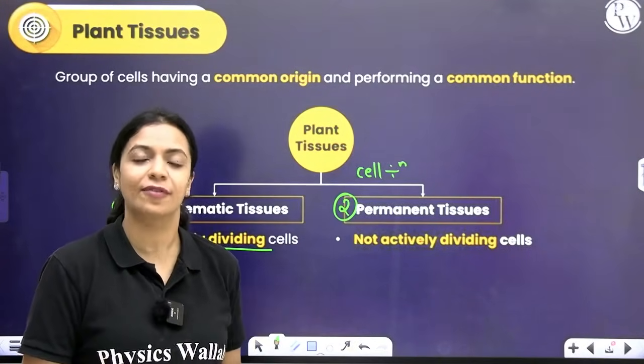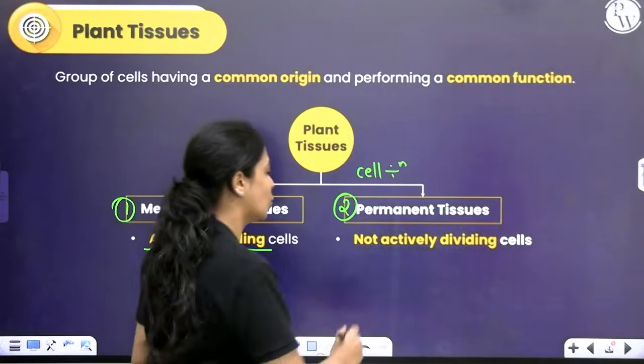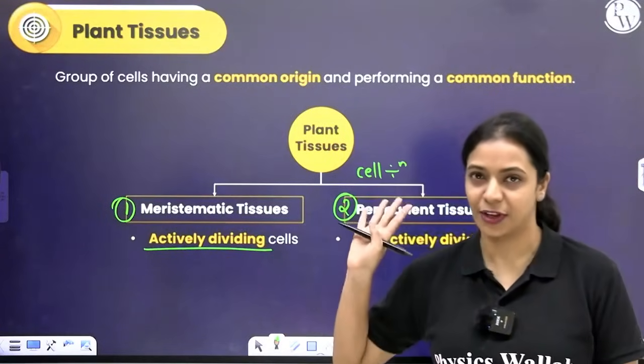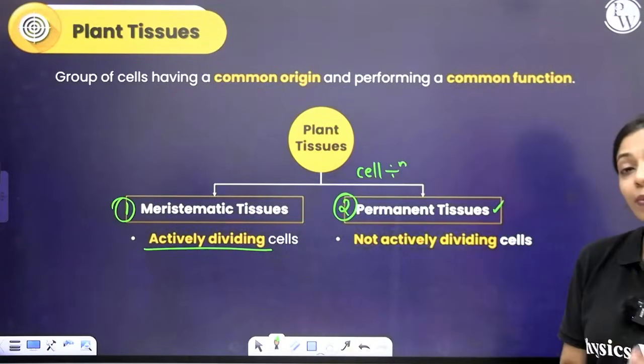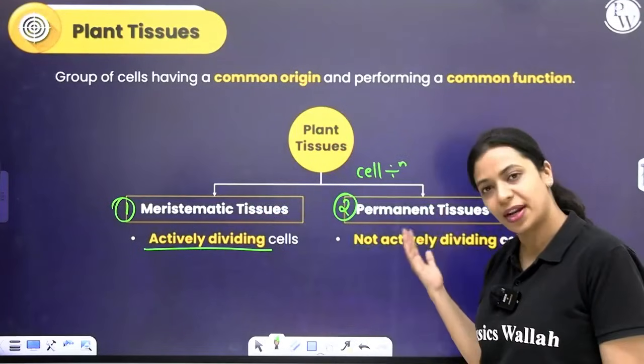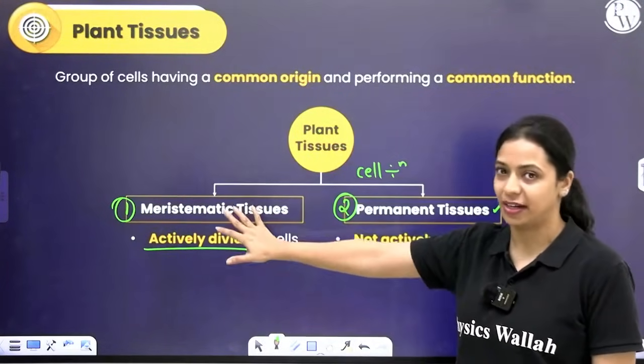If the cells have lost their ability to divide, they can no longer divide, then you call it permanent tissue. Okay, so this is the broad classification of plant tissues. We will learn in detail about meristematic tissues, its types, permanent tissues, its types as we move on. Let's start off with meristematic tissues.